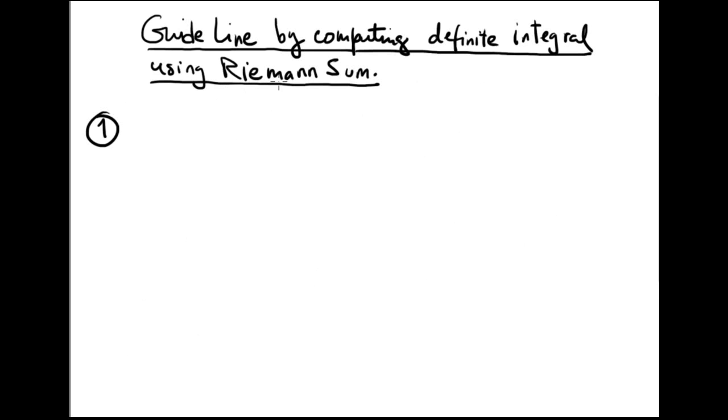Okay, let's see the guideline to compute a definite integral using Riemann sums. Step number one is calculate delta x, and the formula is b minus a over n.